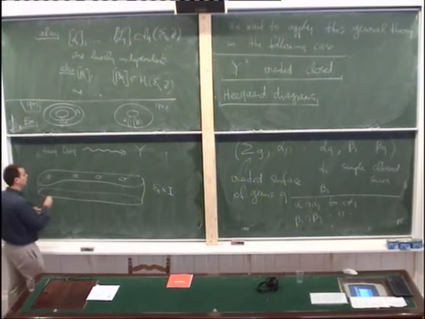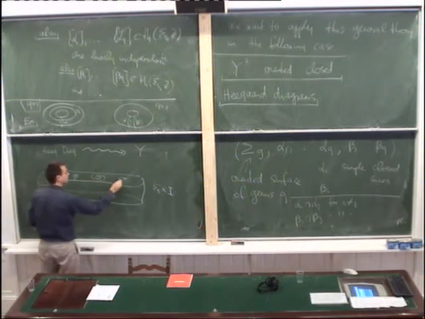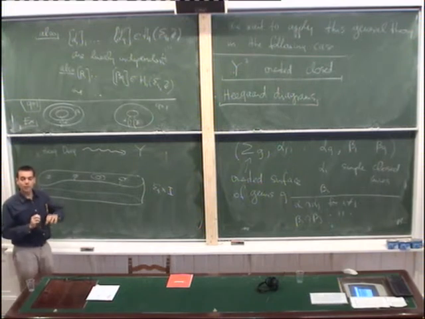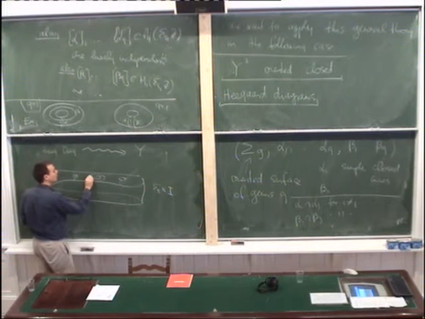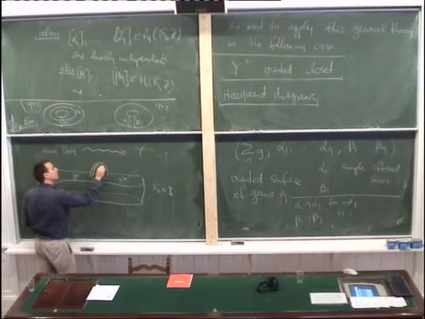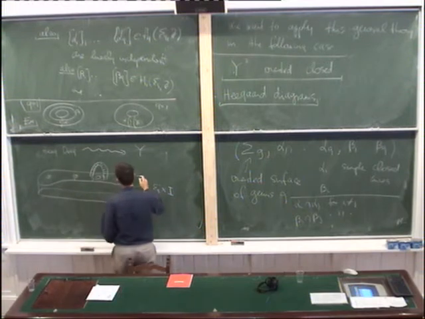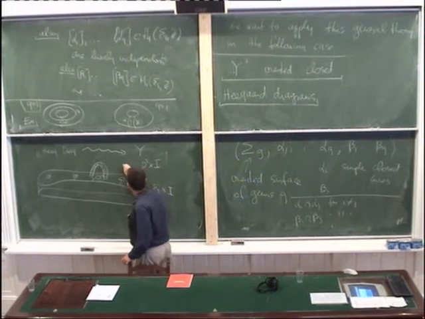And now we are going to use the beta circles. So for each of the beta circles, we are going to add something to this three-manifold. Okay? And the picture is, say this is beta 1. Then for that, I'm going to add a three-dimensional region like this. And this is really adding a D2 cross an interval.